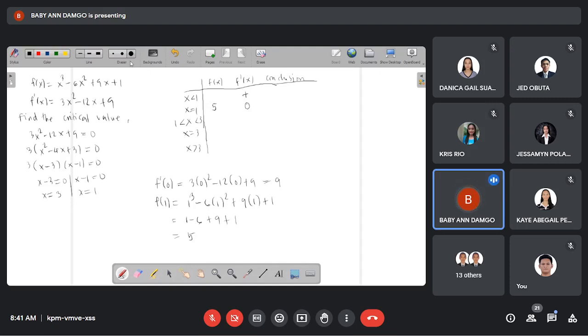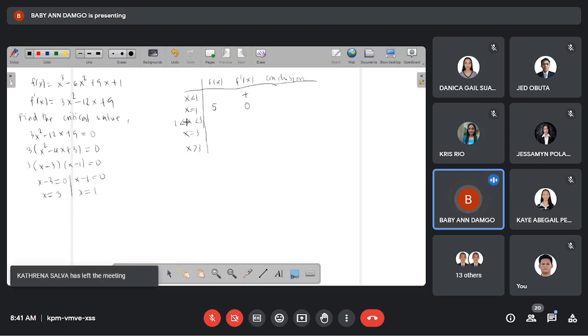So next we need to observe the first derivative between 1 and 3. So for between 1 and 3, we can use 2. Okay, so we have f prime of 2. This is equal to 3 times 2 squared minus 12 times 2 plus 9.